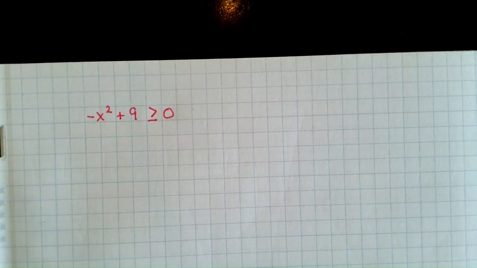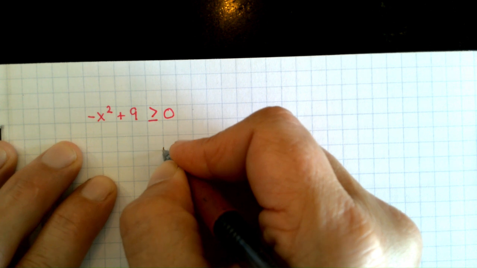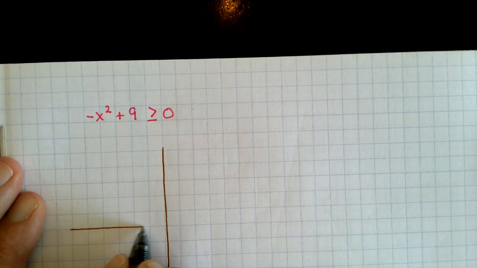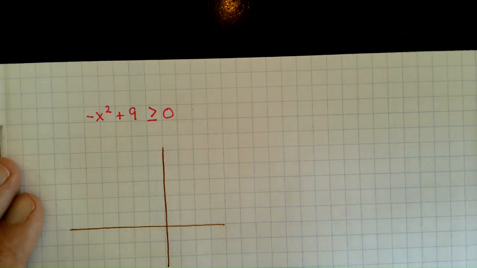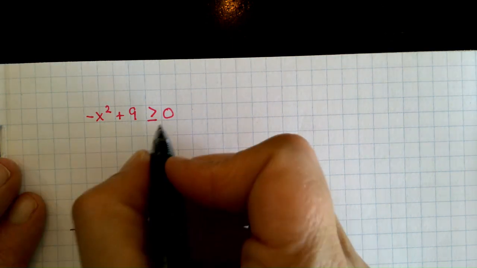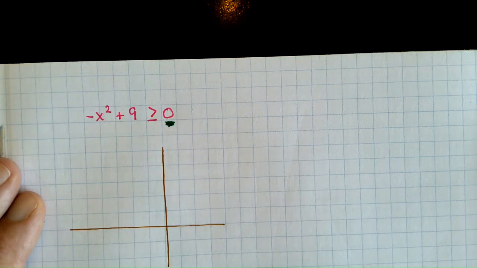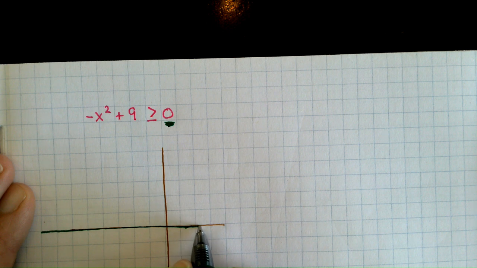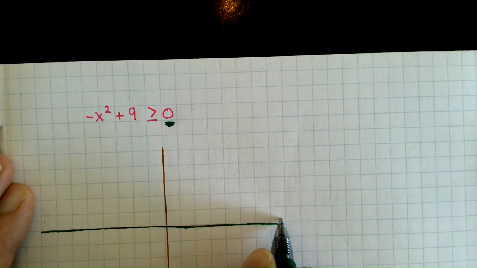-x² plus 9 is greater than or equal to 0. Let's remember that when you graph y equals 0, it is a flat line that crosses the y-axis at 0.